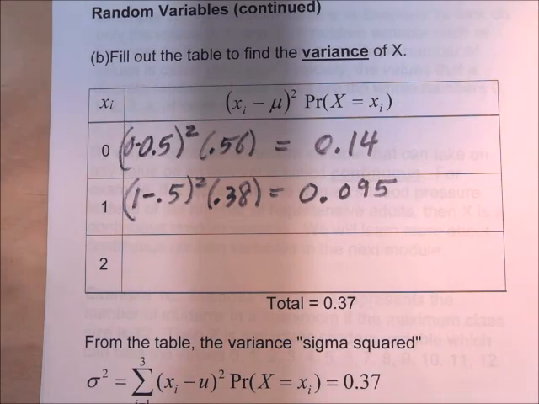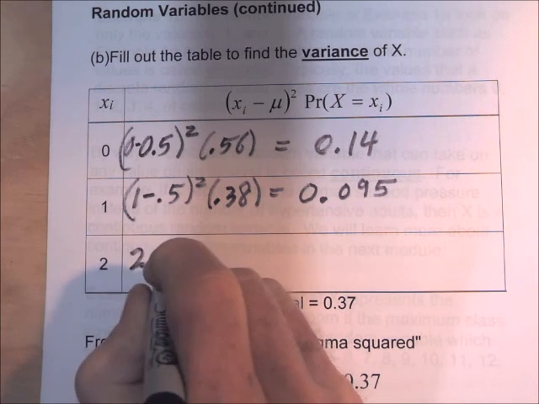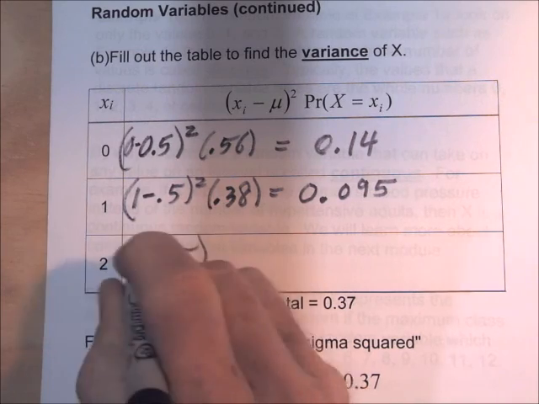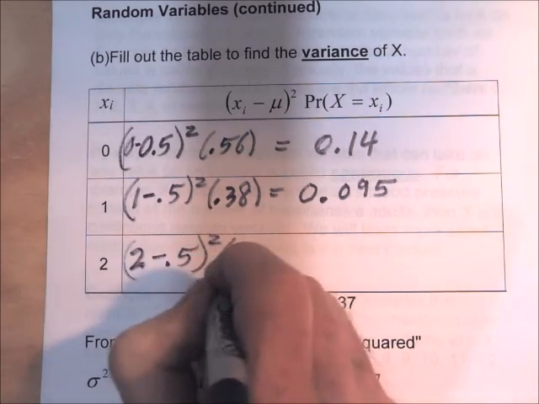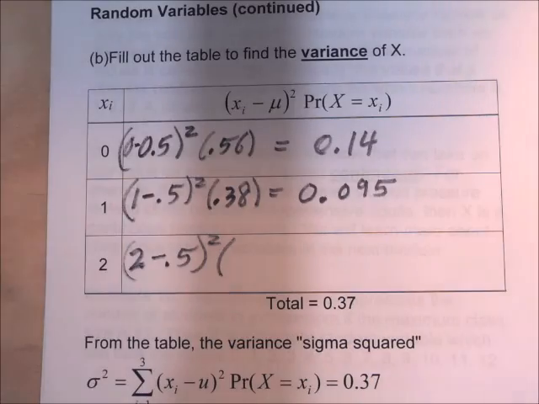Okay, and then we'll have 2 minus 0.5 squared, times the probability x equals 2, which is 0.06.